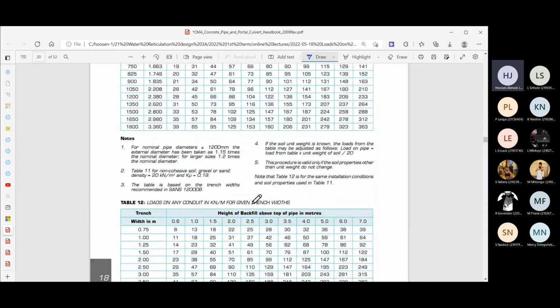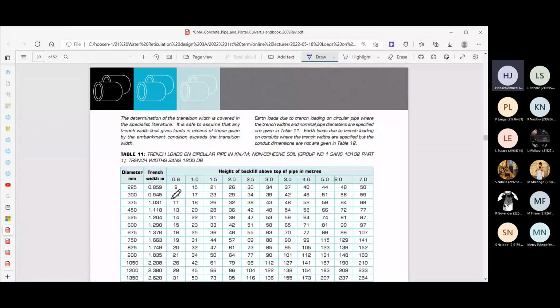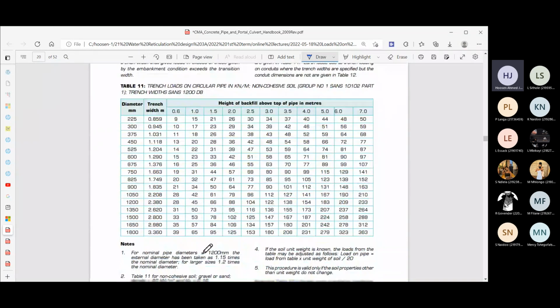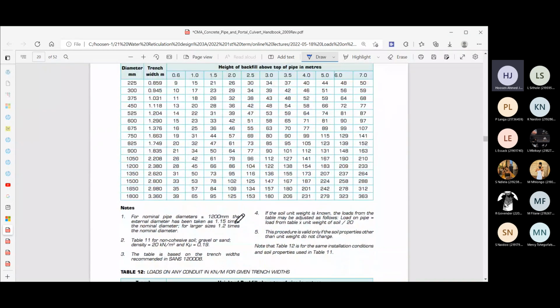These are for standard trench widths, because this is for a particular type of pipe, and concrete pipes come in standard sizes. The trench widths are normally determined depending on the diameter of the pipe. So it's already worked out for you in the table what the loads on the pipe would be. You can just read it off directly from this table for a particular width.